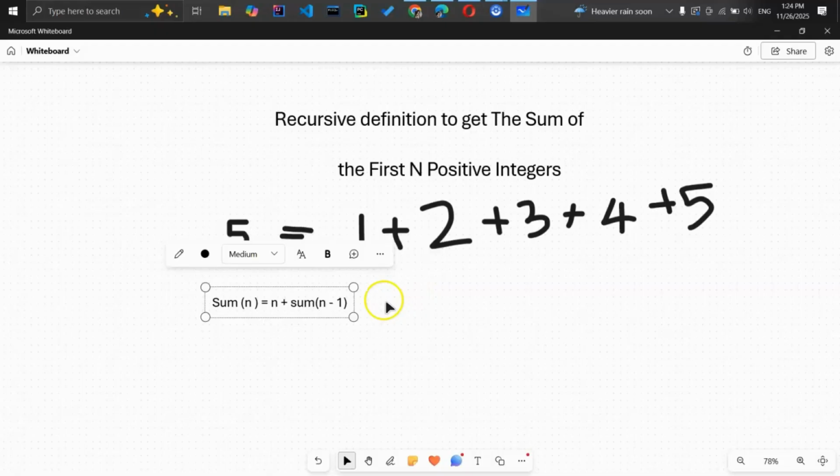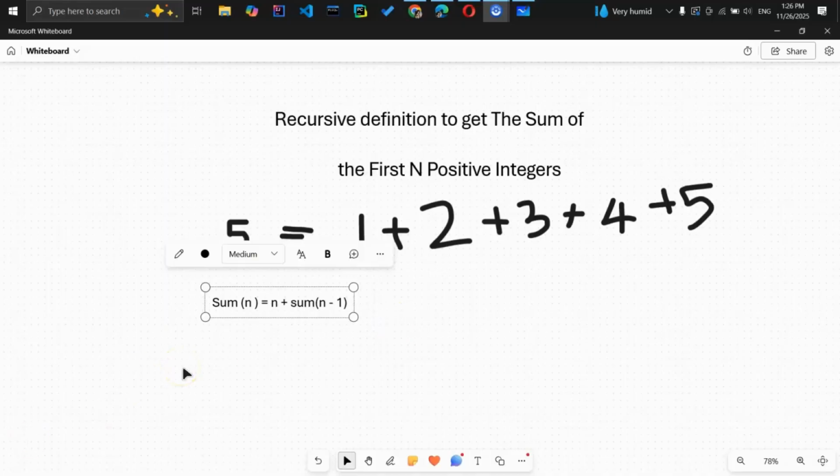Likewise, we can continue like this, right? n plus sum of n minus 1, sum of n minus 2, likewise, right? You can continue.